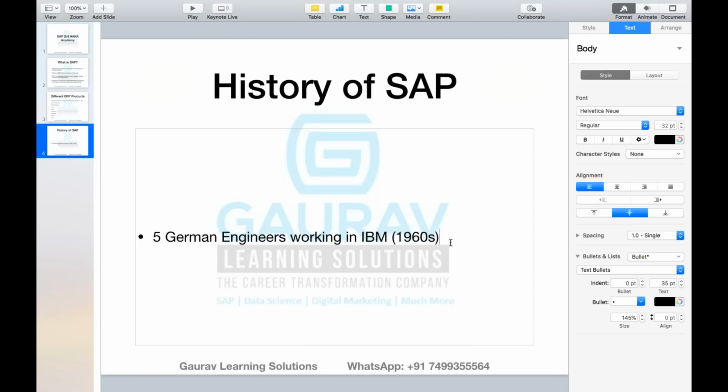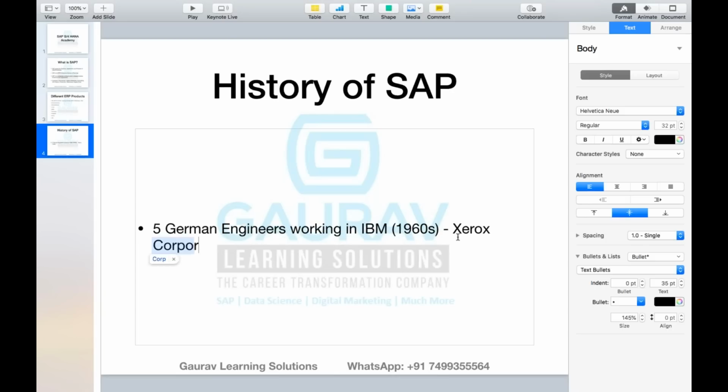That company, in some of the books, is written as Xerox Corporation. You all know photocopy. Whenever we go for photocopy in India, the name that we use for photocopy is Xerox.